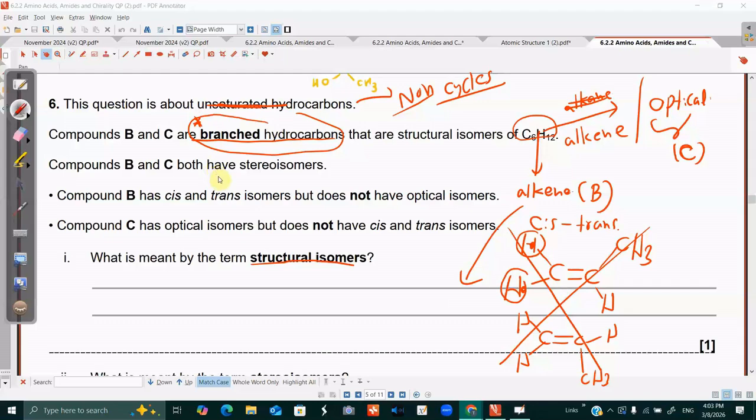Very good. Let me check. See, now there's a small error in that, right? Okay, now which one is the cis-trans isomer? Okay, good.